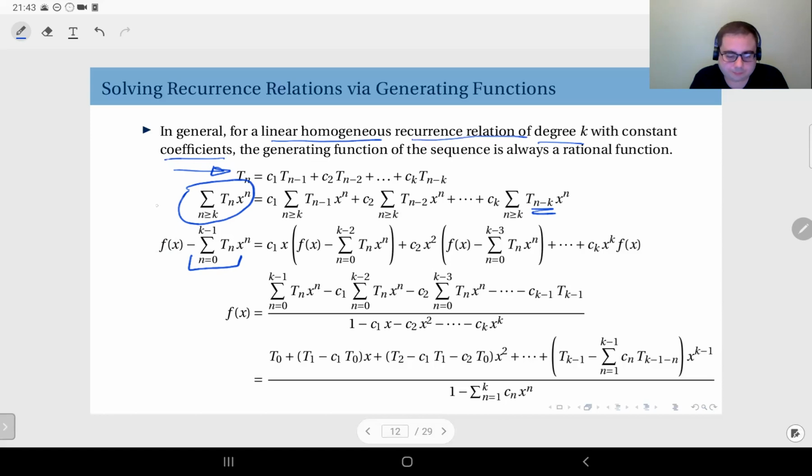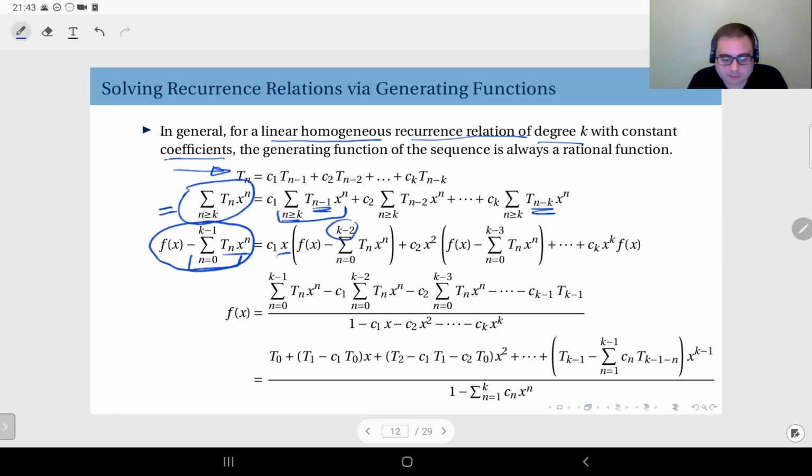So this is equal to the characteristic function minus Tn x to the power n summed up from n equals 0 to k minus 1. And apply the same approach for all the terms here. You see this one, n starts from k, but the index starts from n minus 1. So it starts from k minus 1. Therefore, I'm going to subtract the terms up to k minus 2.